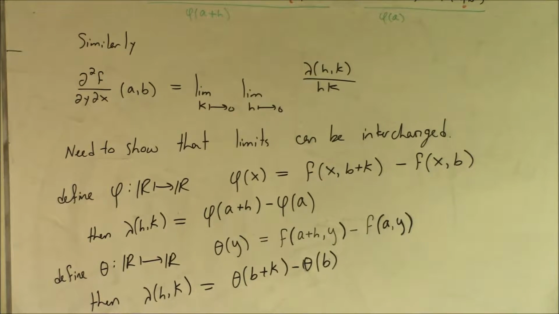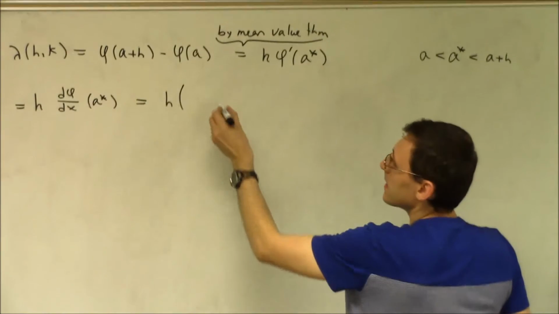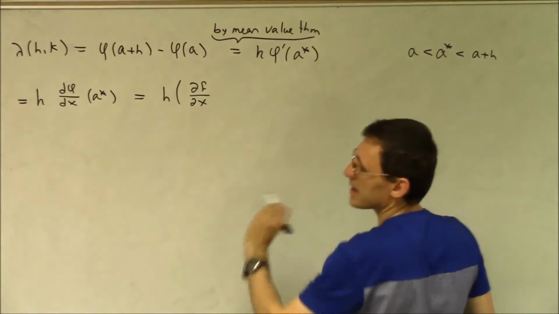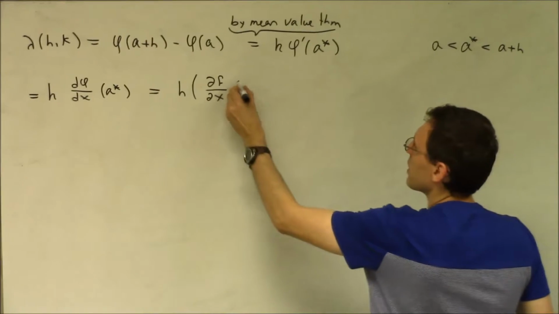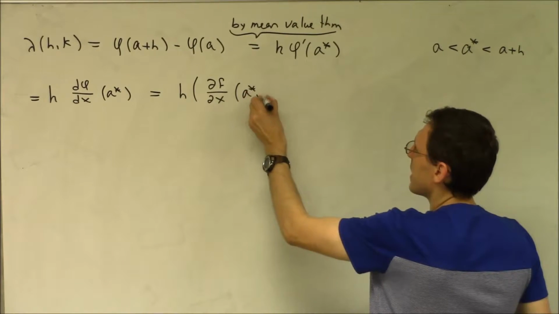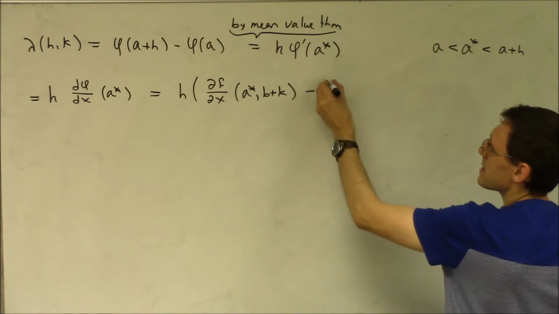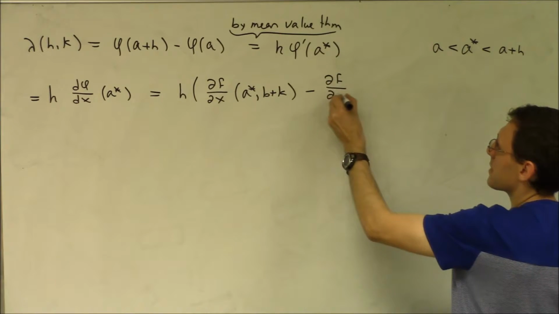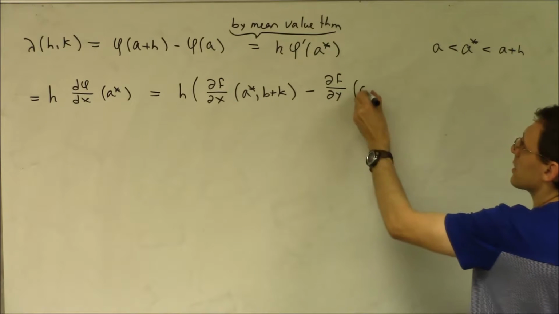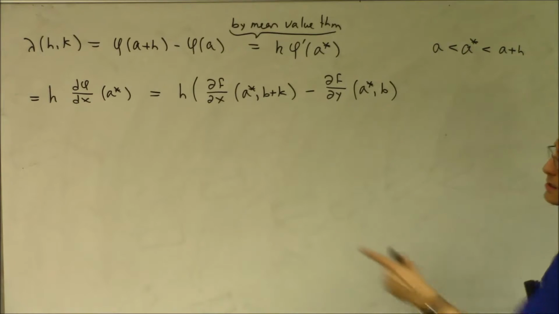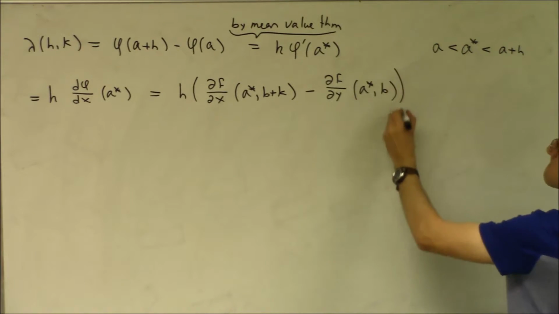So this is h times, in parentheses, the partial derivative of f with respect to x, evaluated at a star, b plus k, minus the partial derivative of f with respect to x, evaluated at a star, b.